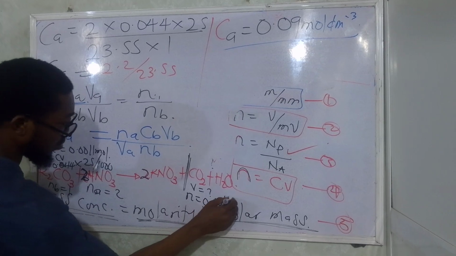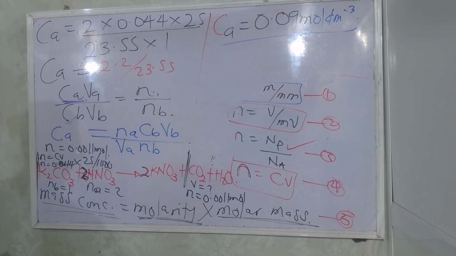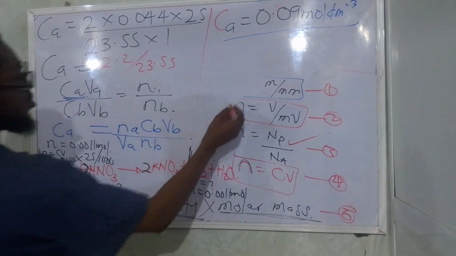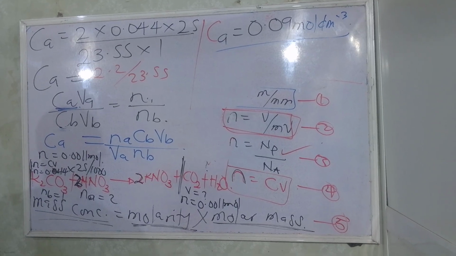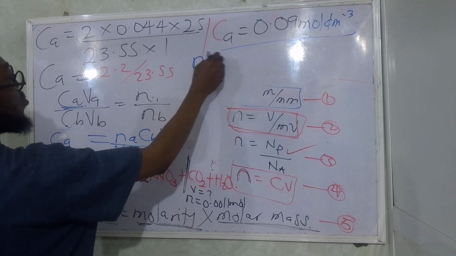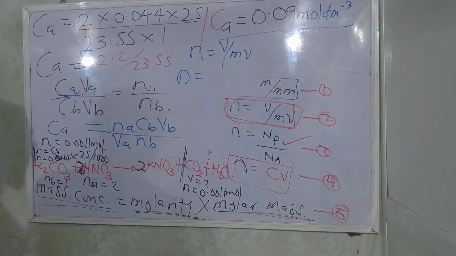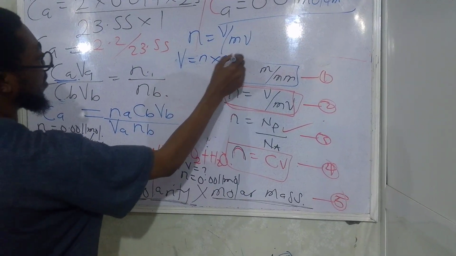Which is 0.0011 mole, right? Once I know that, what will happen? I am looking for volume, and I know the number of mole. Number of mole equals volume over molar volume. The question already gave us the molar volume at STP. So the volume you are looking for equals number of mole times molar volume.